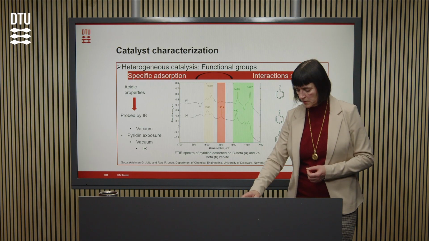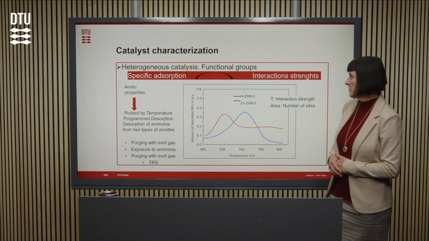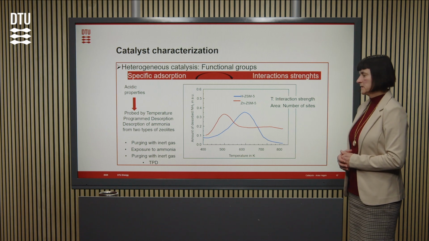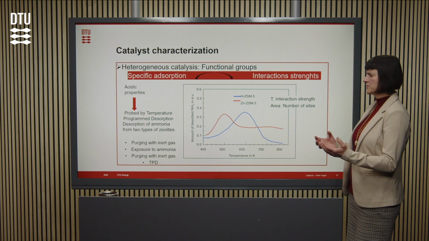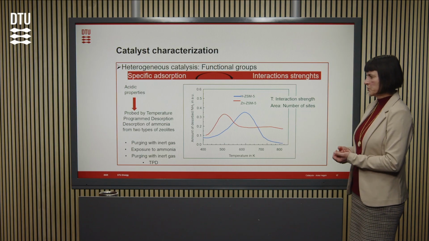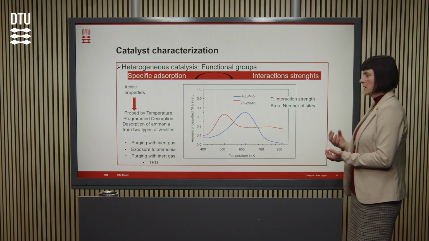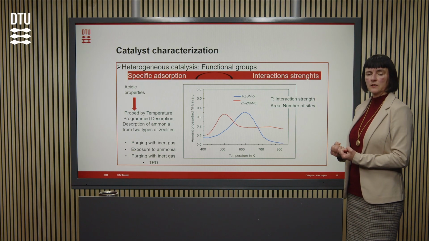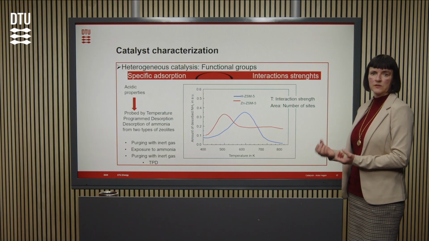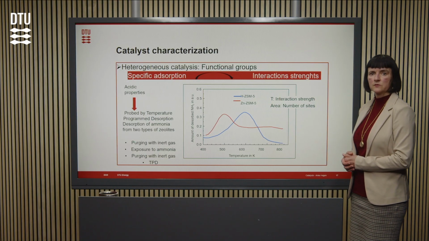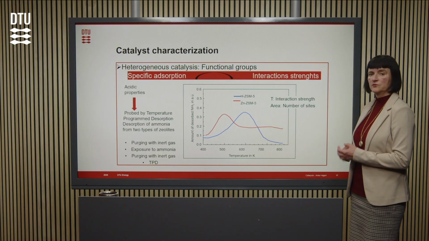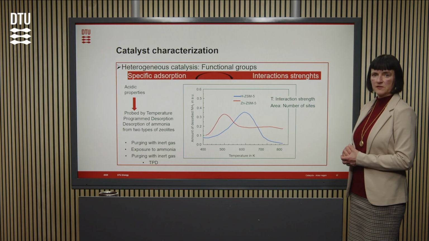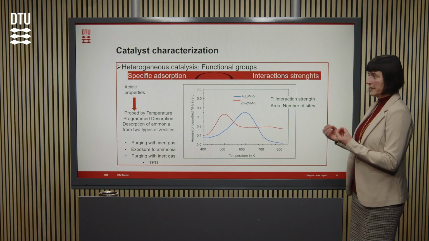Another, a bit more non-specific method is temperature programmed desorption. Here I actually also adsorb a probe molecule and then look when I heat up, when does it desorb from the site. So the stronger the sites are, the higher temperatures I would need to desorb this molecule, so I can get an interaction strength signal from this type of characterization.